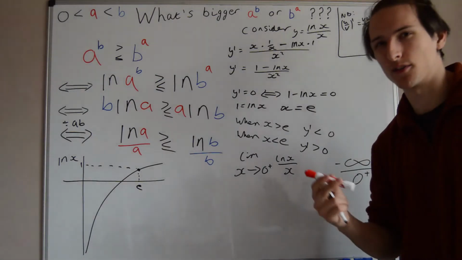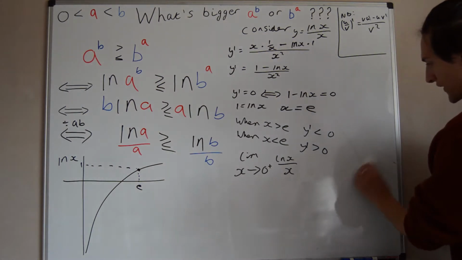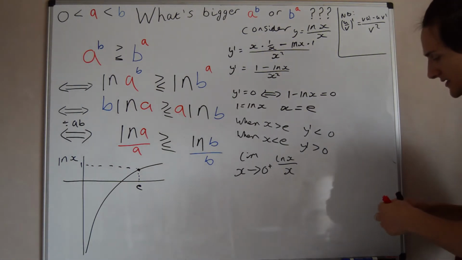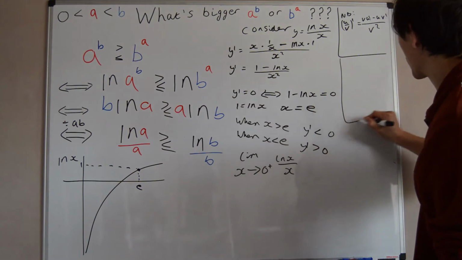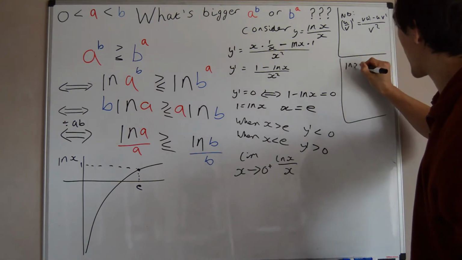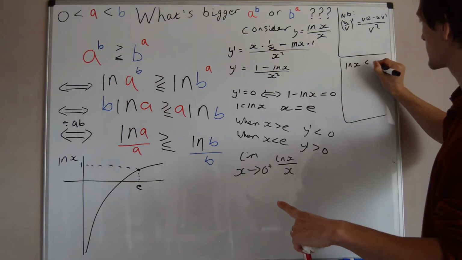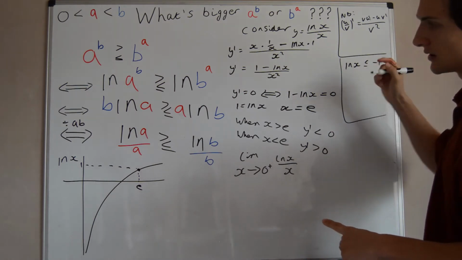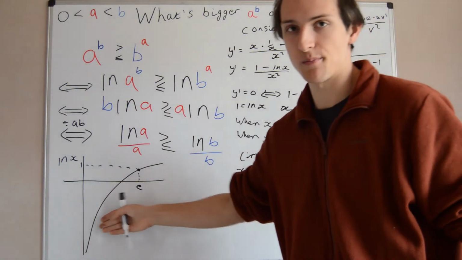Okay, and minus infinity divided by positive 0 is going to be minus infinity. Of course, that's not entirely rigorous. However, if you want to be a bit more rigorous, you can say that the natural logarithm of x is less than or equal to minus 1 for sufficiently small x.